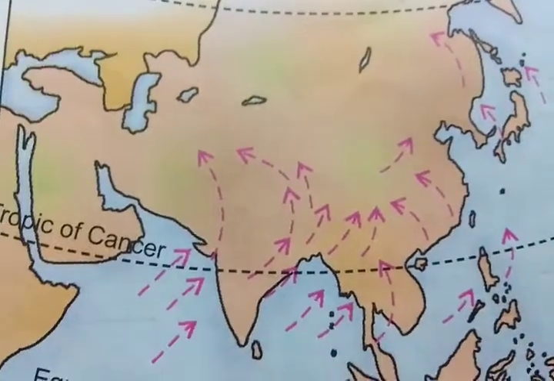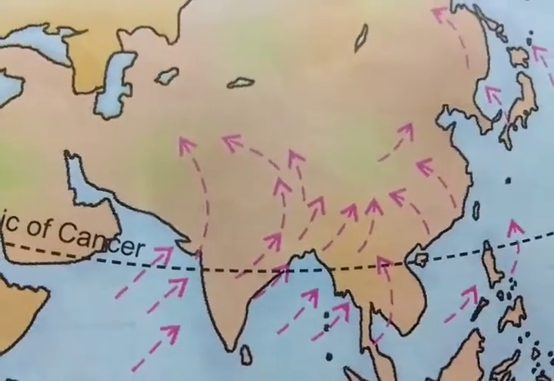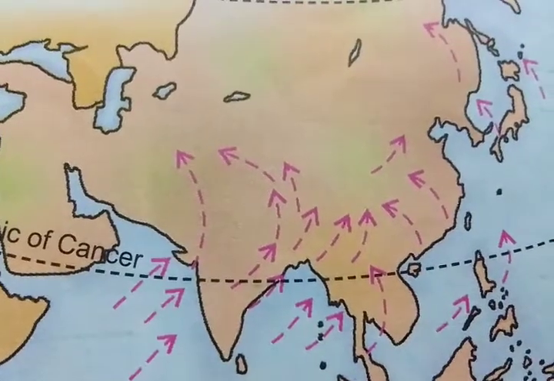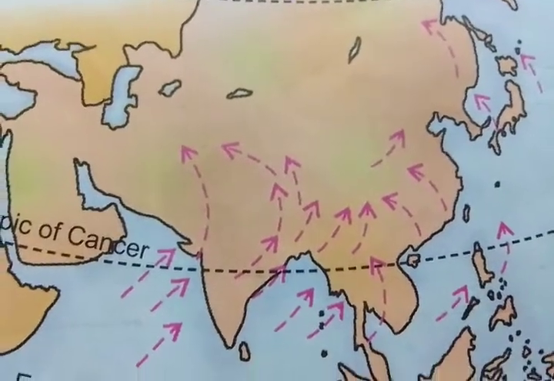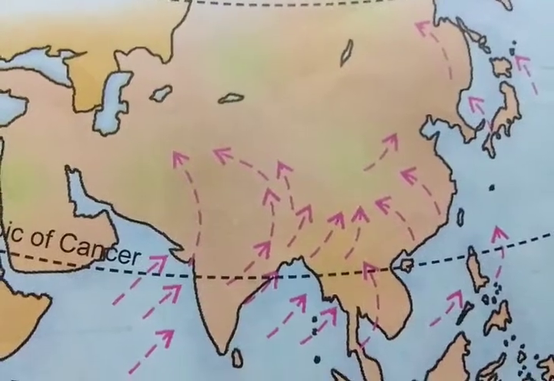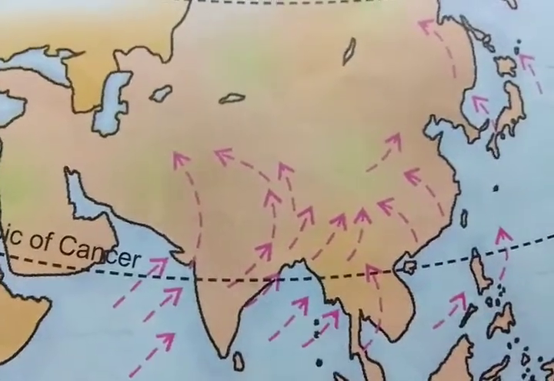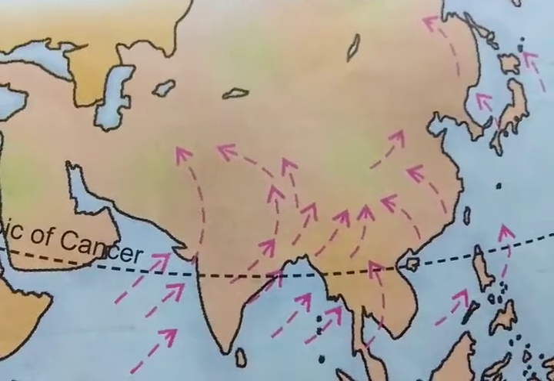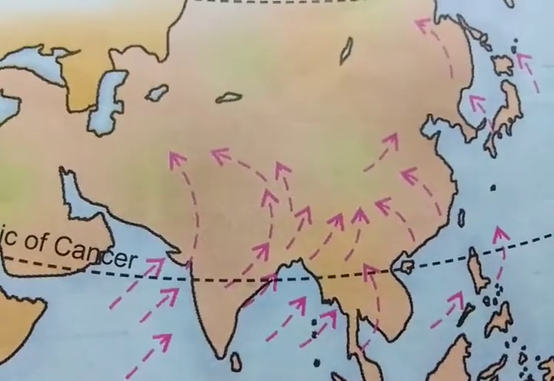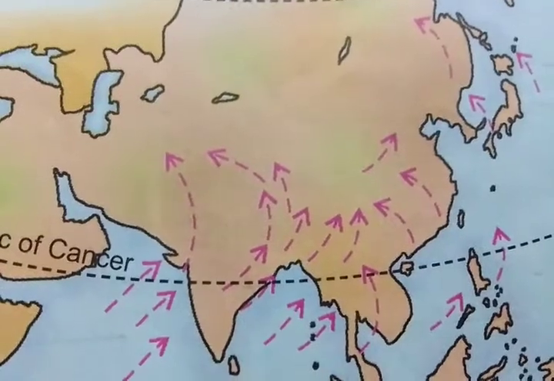The Arabian Sea branch and the Bay of Bengal branch together cover almost the entire country except the Tamil Nadu coast. These winds are responsible for most of the annual rainfall throughout India. However, even during the monsoon season, it does not rain continuously. Heavy rainfall is followed by dry intervals.